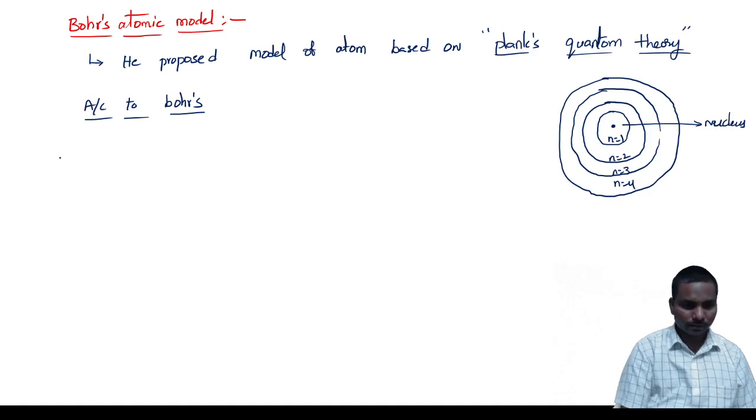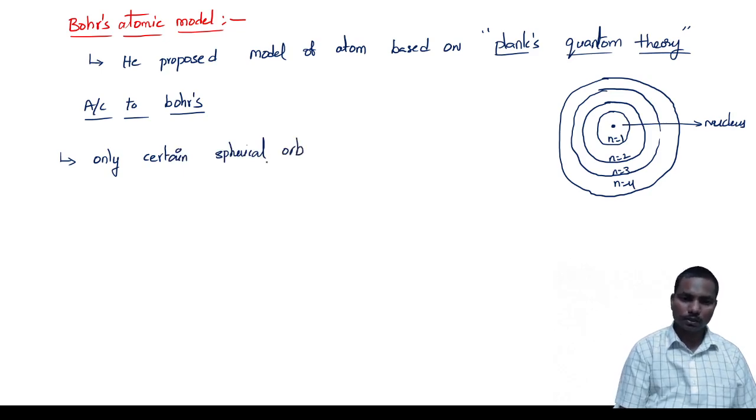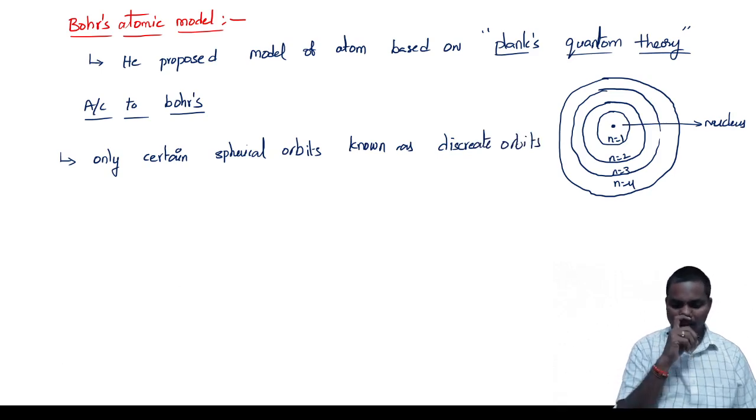So note this point: according to Bohr's atomic model, only certain spherical orbits, these round circular orbits, are known as discrete orbits of the electrons inside the atom.